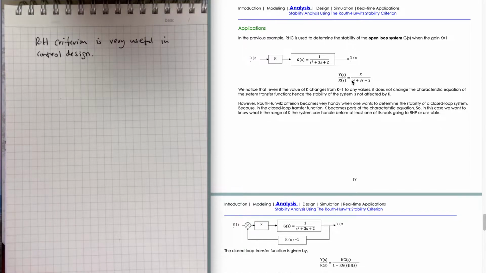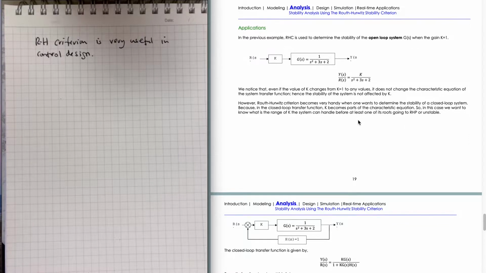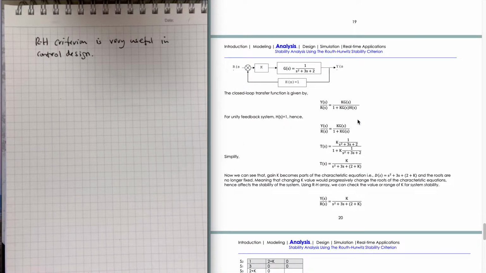Based on this, RH criterion doesn't help us much. It only provides us the stability for probably a one-off. Once we calculate this, then we know the system is stable or not stable. That's it, right? But now let's move on to the closed loop systems.